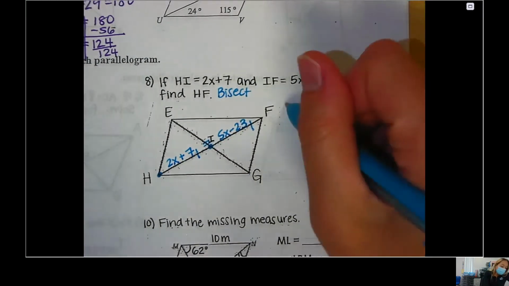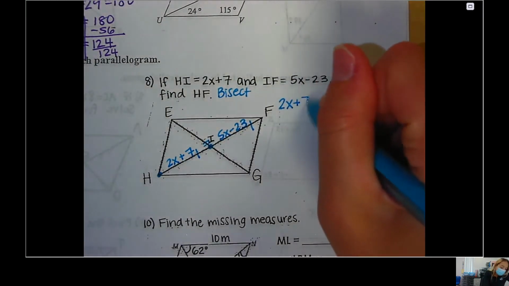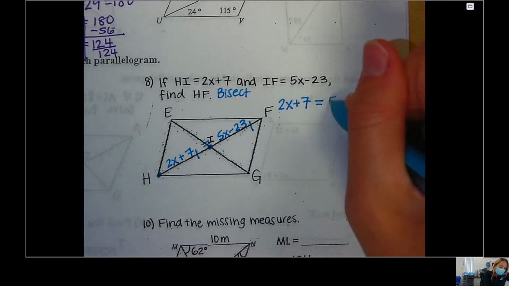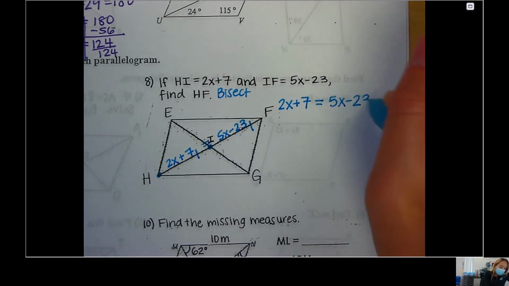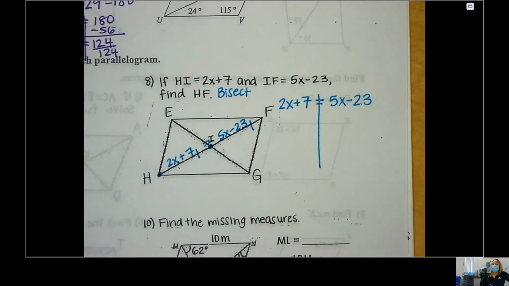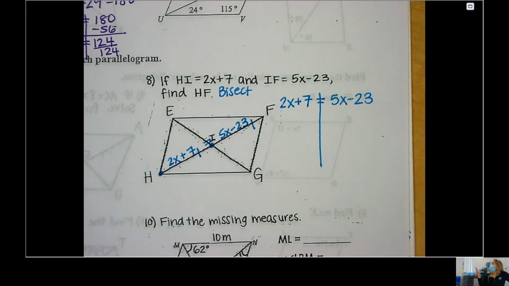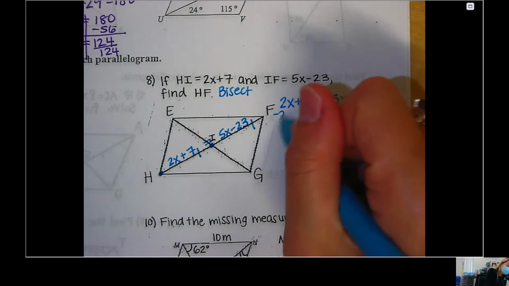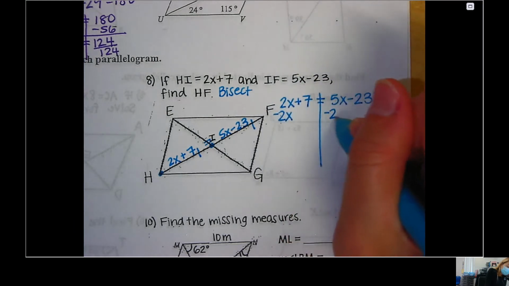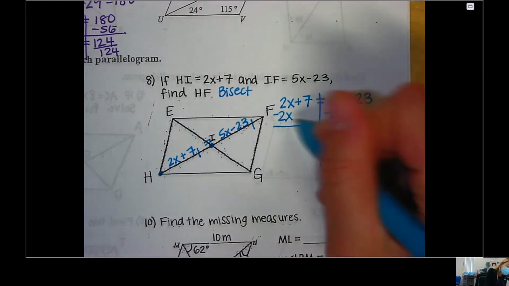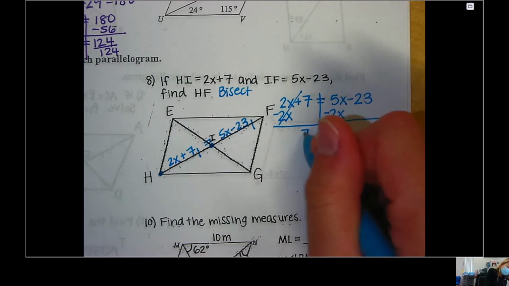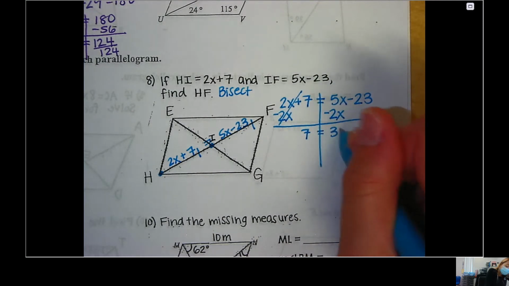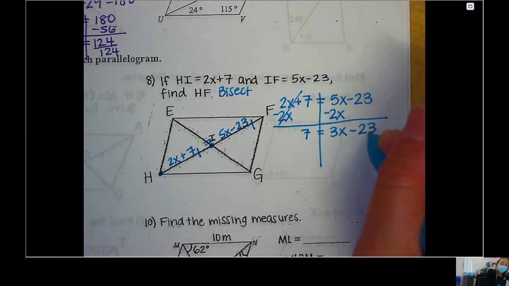So I'm going to do 2x plus 7 equals 5x minus 23. And then I'm going to solve the equation for x. So first thing I should do is what? Subtract the 2x, move the smaller one. So I get 7 equals 3x minus 23.